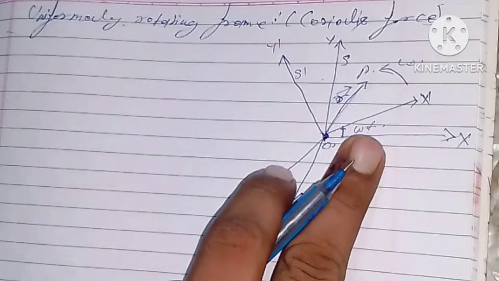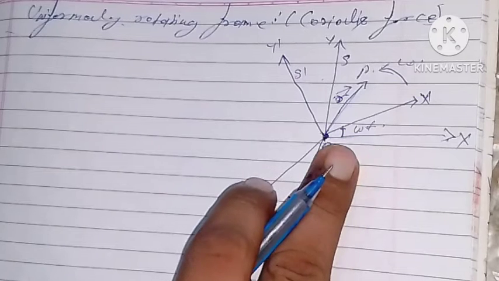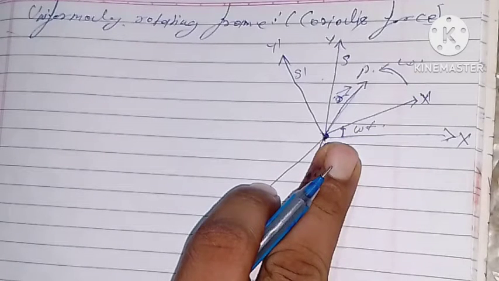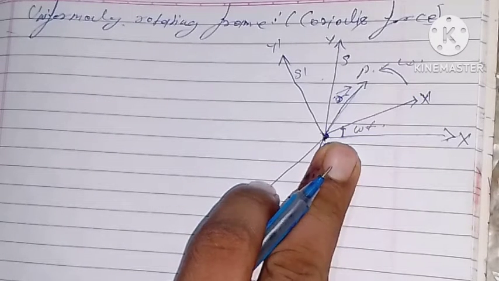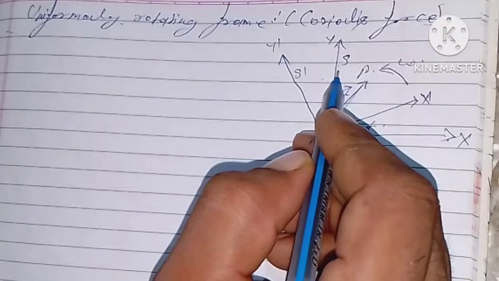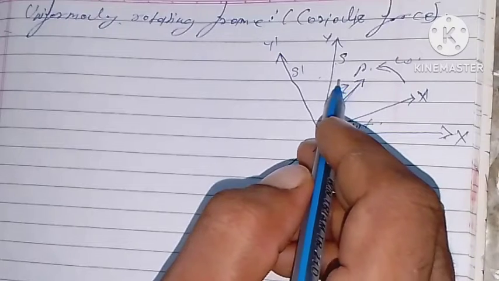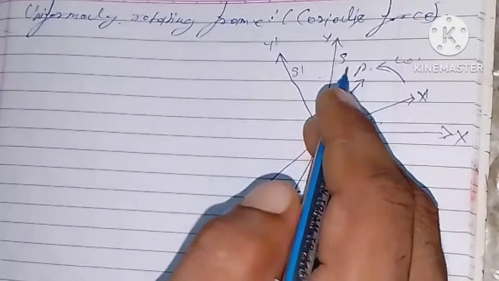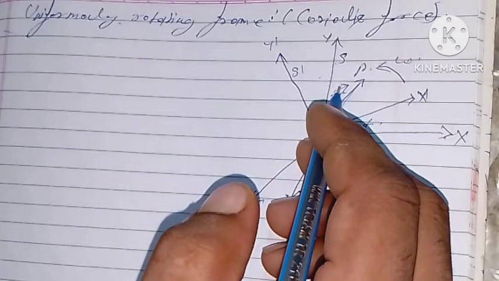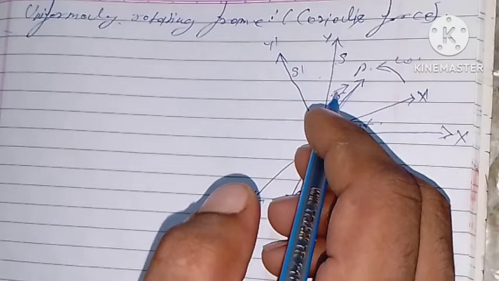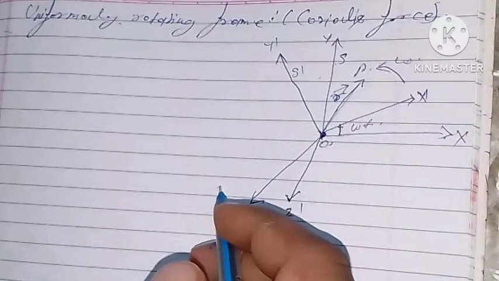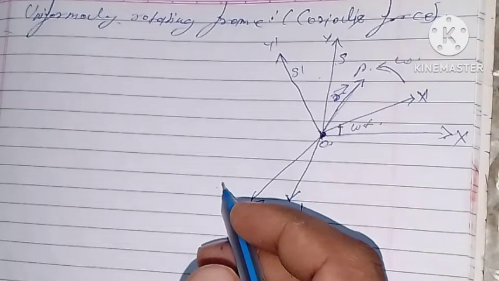If the particle is at rest with respect to the inertial frame S, it would appear to be moving with relative linear velocity minus omega cross r in the non-inertial rotating frame S dash.